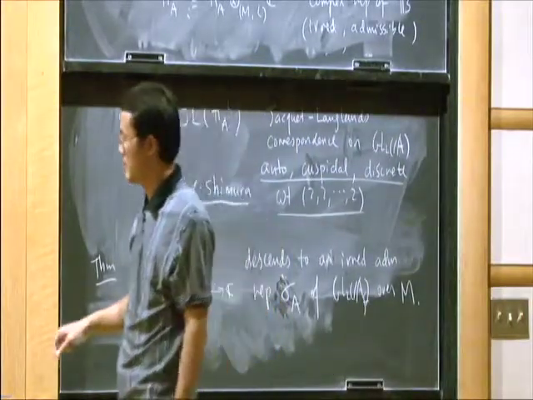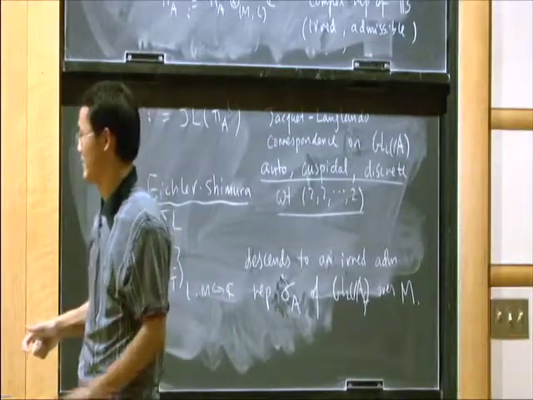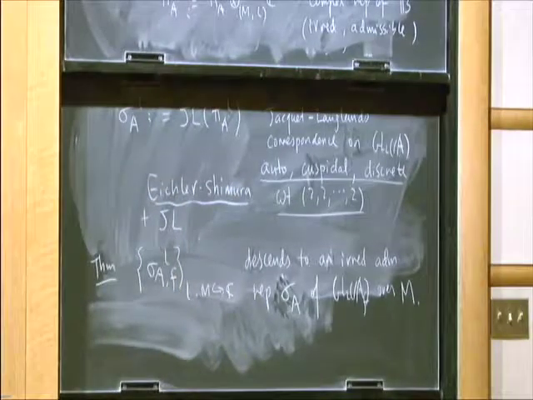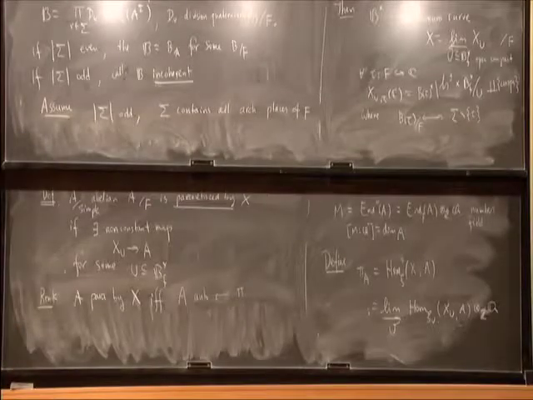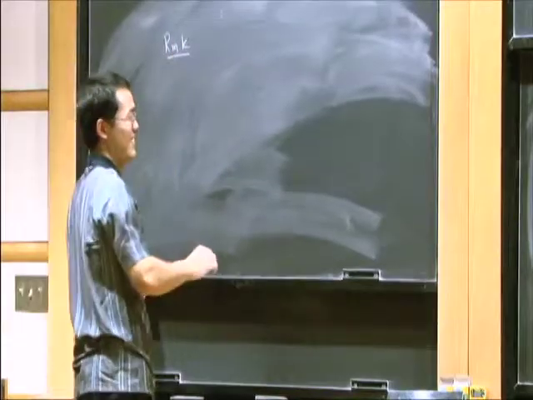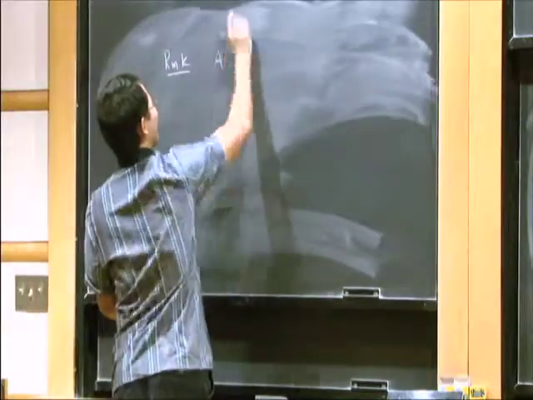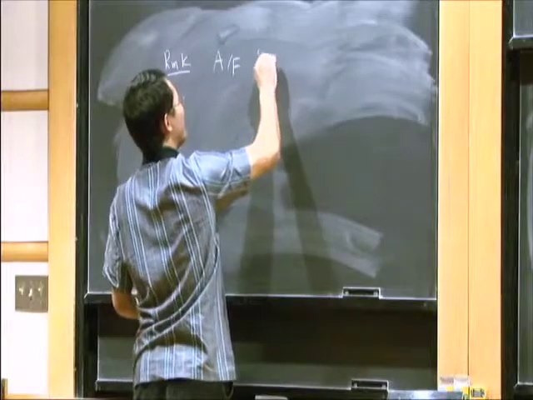So now I can finish this remark. Let A be, over F, a simple abelian variety.